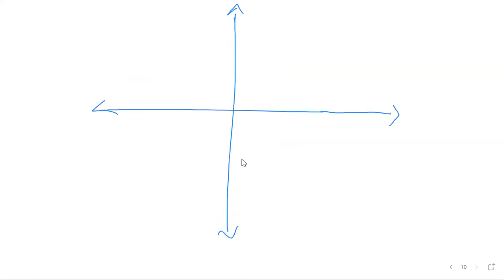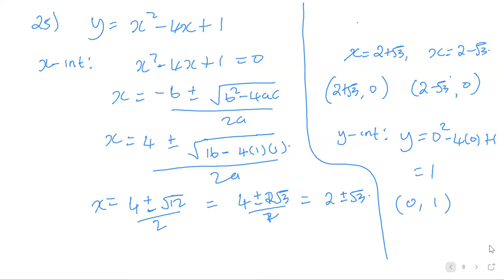First things first, we plot our intercepts. The x-intercepts are (2 plus root 3, 0). Now the square root of 3 is 1 point something, so root 3 plus 2 should be 3 point something, and you can get that from your calculator.